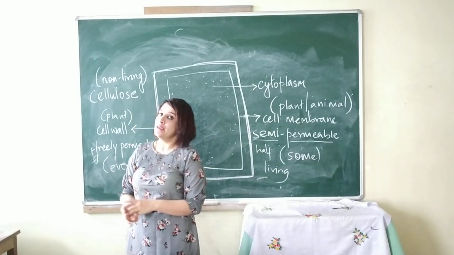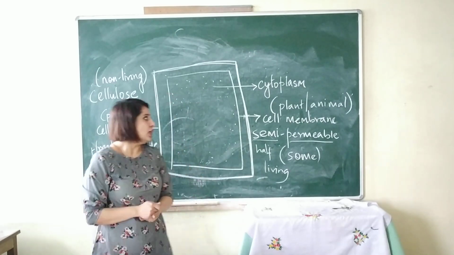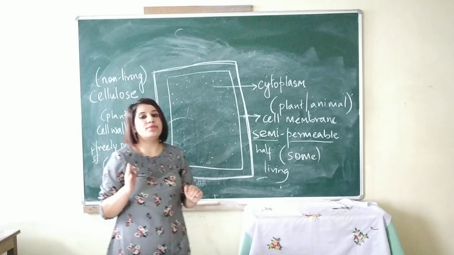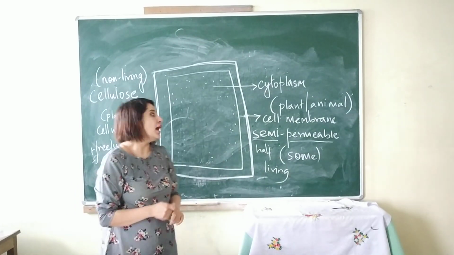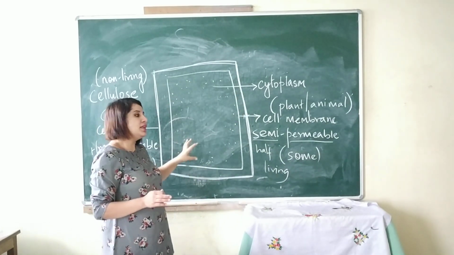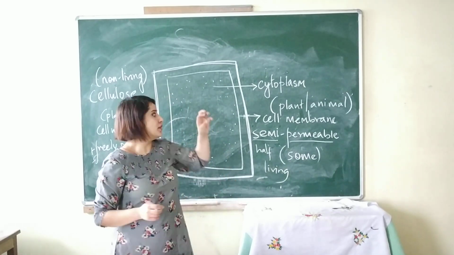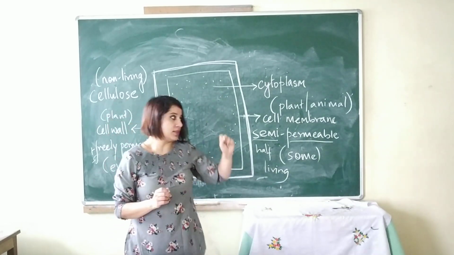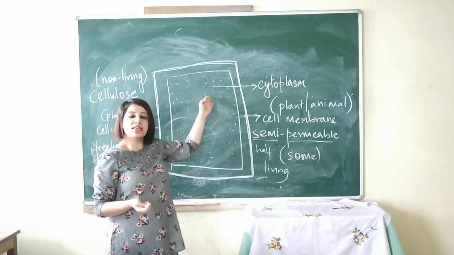That means various functions are occurring inside the cell. So the cytoplasm is the place where various reactions take place. It is here in the cytoplasm that we find many other cell organelles. Now, cell organelles are the various small parts that you find inside the cell. So, cytoplasm is a jelly-like substance which fills the cell.